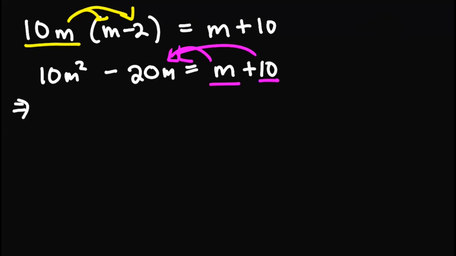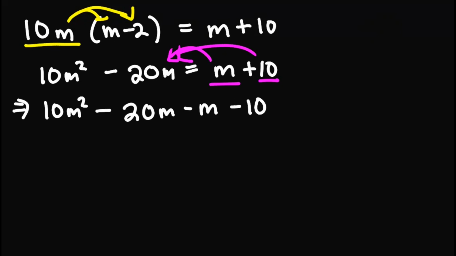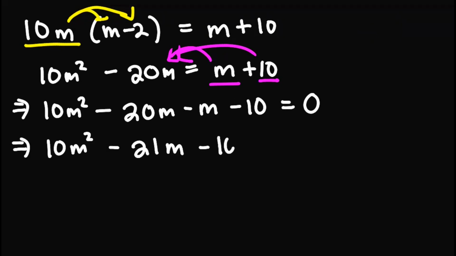So this will give us 10m squared minus 20m, then m from right to left will give us negative m, and then 10 when moved to the other side of the equation will be negative. So this is negative 10 equals 0. Simplifying this left side, we'll obtain 10m squared minus 21m minus 10 equals 0.